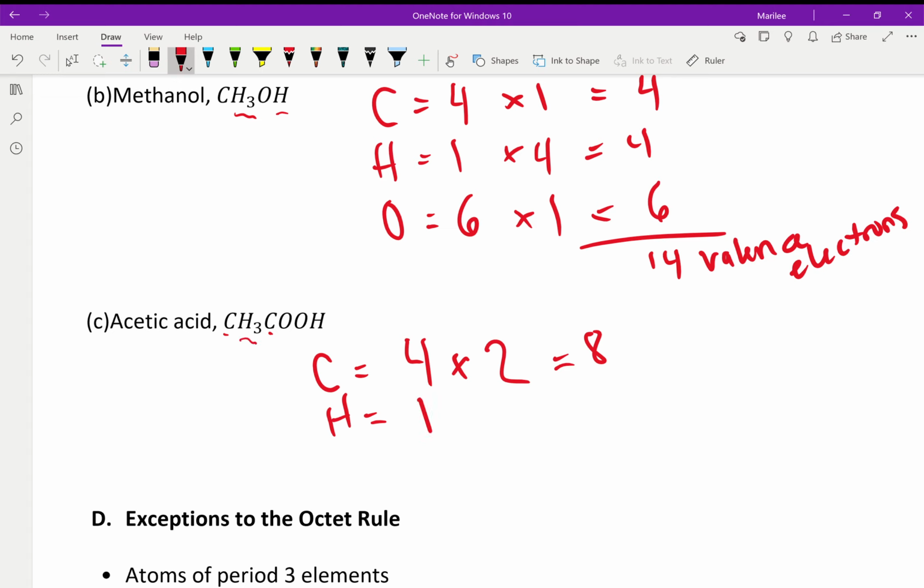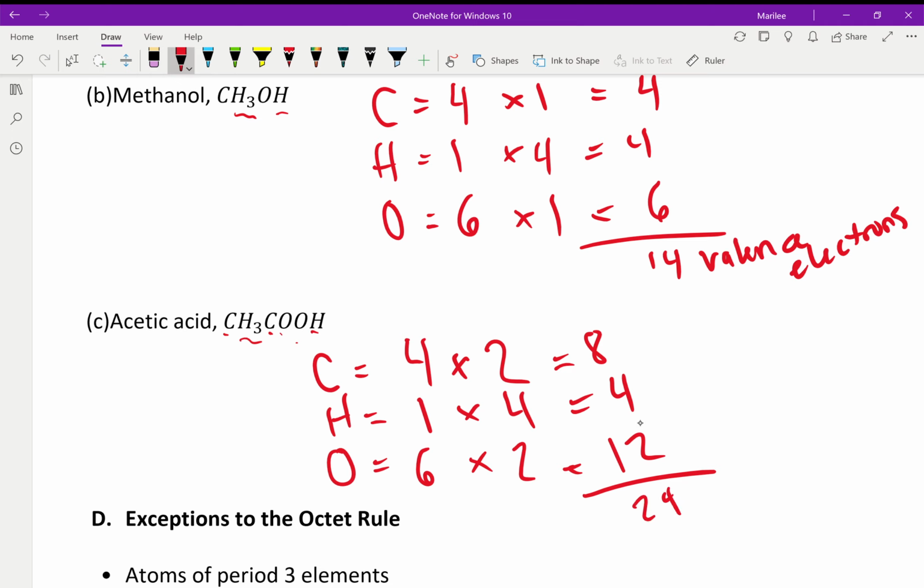We have 3 and 1, that's 4. 1 times 4 is 4. And then we have our oxygen. Oxygen has 6 electrons on its most outer shell. How many oxygens we have? 2. 6 times 2 is 12. And when we add these up, we'll have 24 valence electrons.